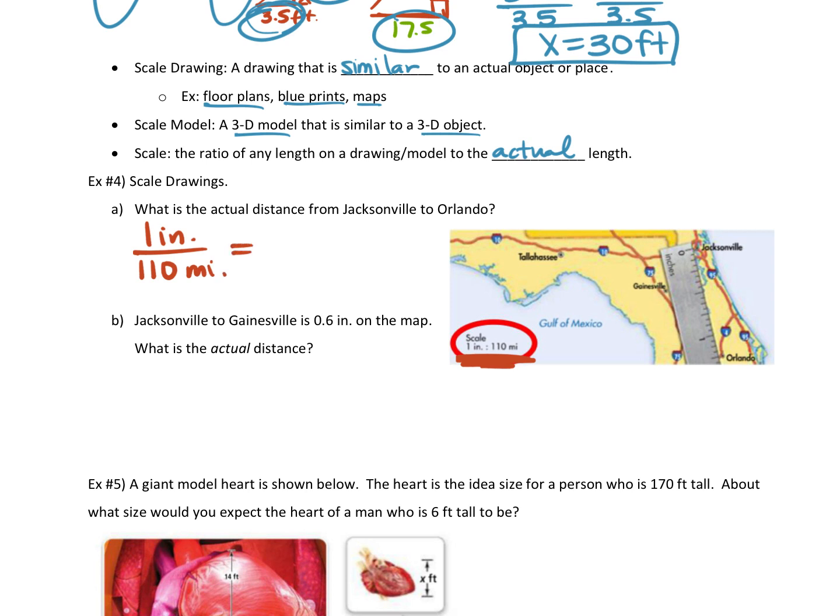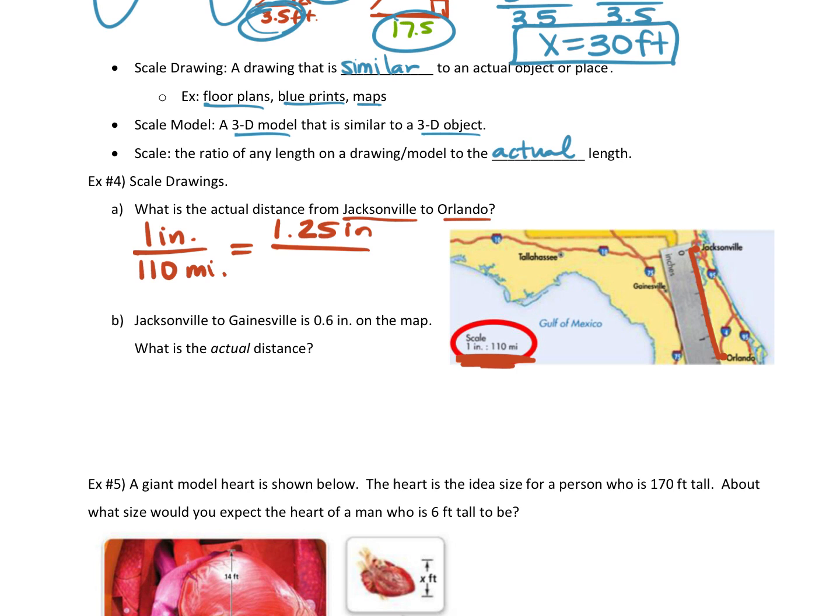If that's my scale and I want to know the distance from Jacksonville to Orlando, Jacksonville's here, Orlando's here, how long is that? It is 1 1/4. How do you write 1 1/4 as a decimal? 1.25. So 1.25 inches.